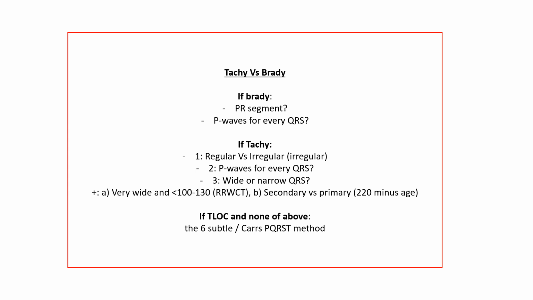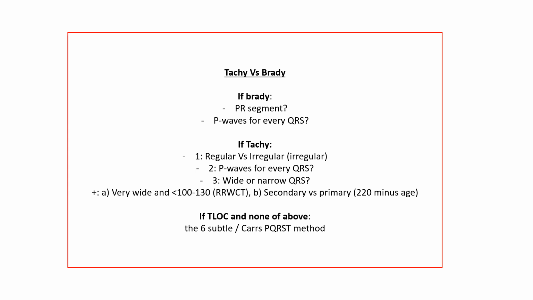But I do think that the magical boundary for me, distinguishing primary and secondary, is around 140, 150. If it's much above 140, 150, especially 150 or 160, then it becomes much more likely for this to be a primary thing.